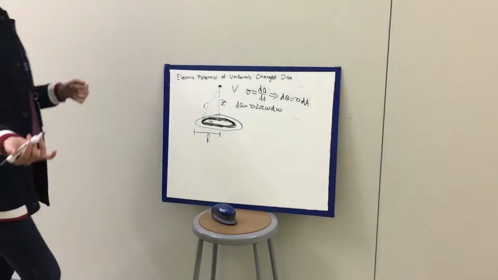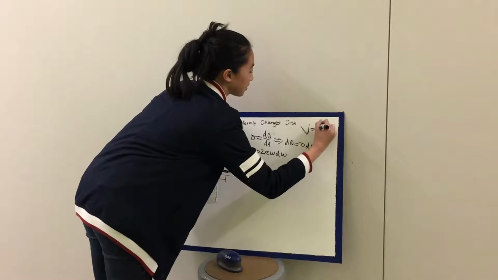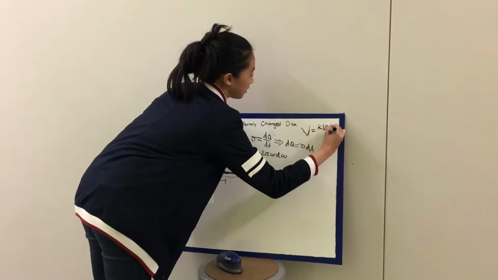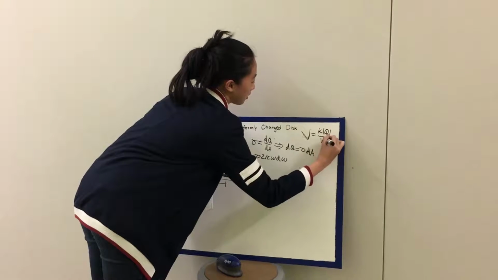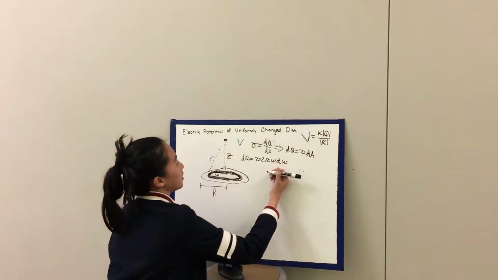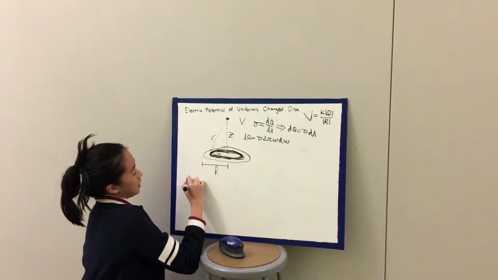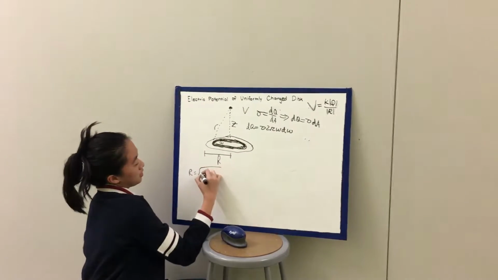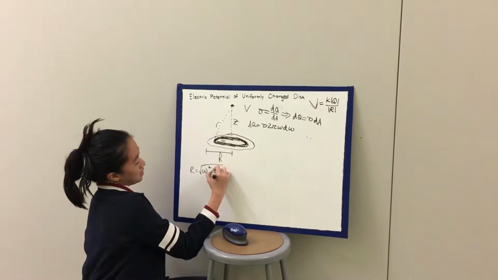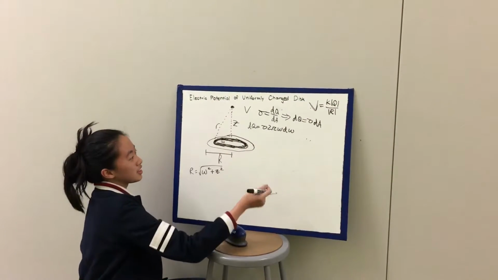We also know that electric potential is equal to kq over R. In this case, this R distance would be equal to the square root of omega squared plus z squared, because of the Pythagorean theorem.